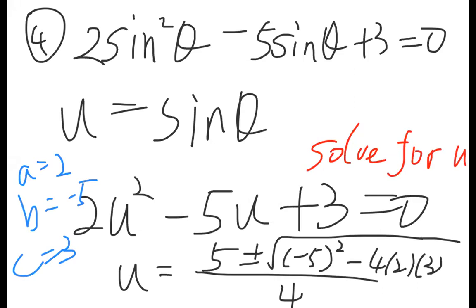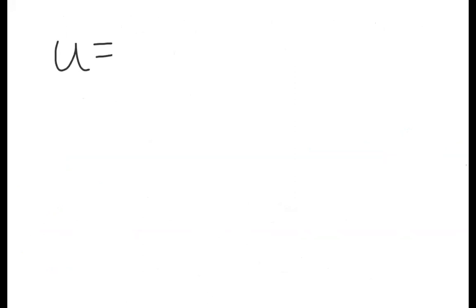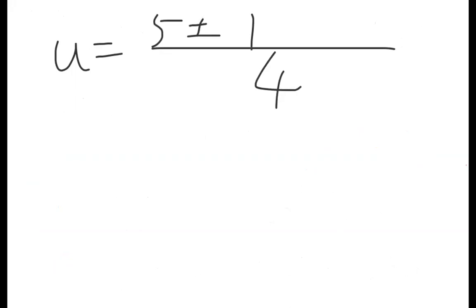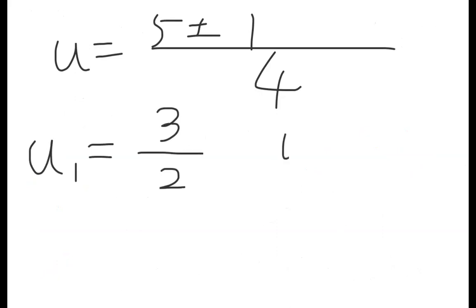Right, simplify this, you have 5 plus or minus 1. So you have one of the u is 6 over 4, which is 3 over 2. And the other one is 4 over 4, which is 1.